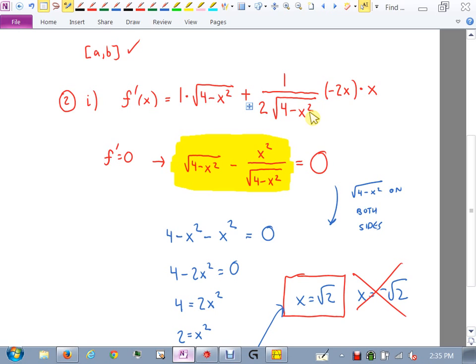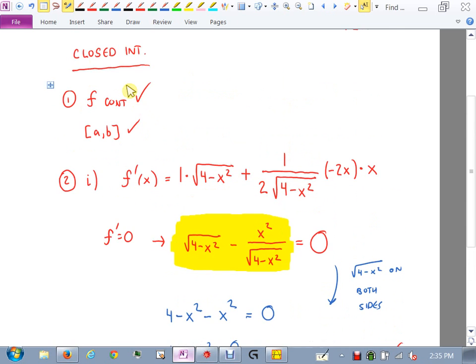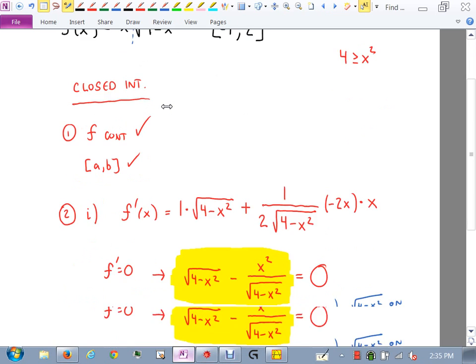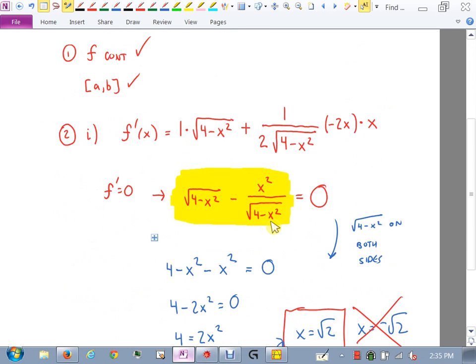Other than that, it should be okay because we already know the square root function was fine, wasn't it? Look up here. We said that this was fine on this interval. And in fact, 2 could be plugged in here because 4 minus 4 would be 0, and that's okay. But when we took the derivative, the square root appeared in the denominator now, and that would give us division by 0. Do you see that?